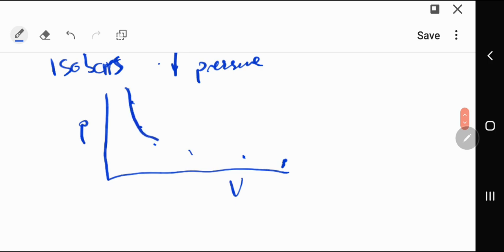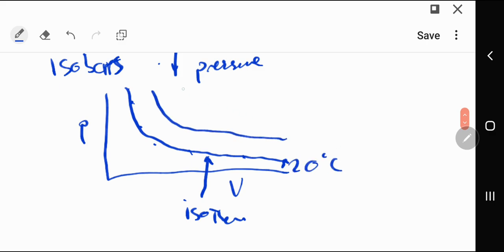This is the content of Boyle's law, and this line is an isotherm, because we did this entire experiment of decreasing the volume of the balloon at a single temperature, let's say 20 degrees Celsius. If I did it at 30 degrees Celsius, the line will look like that. Or at a higher temperature, let's say 40, it would look like this. Basically, as the temperature increases, the pressure is also going to increase, as you can see through the graph, there are greater pressures.